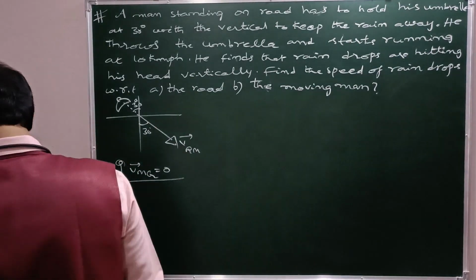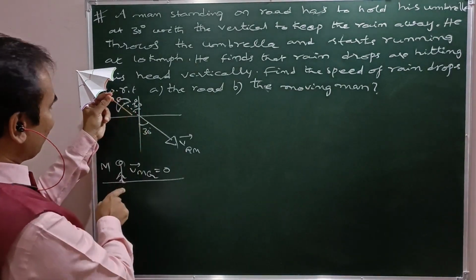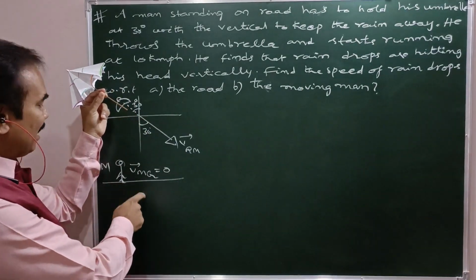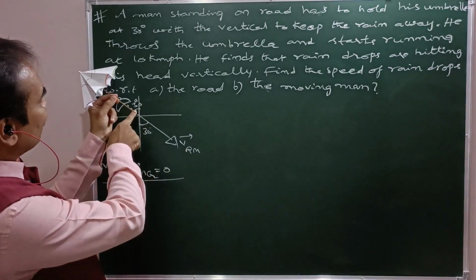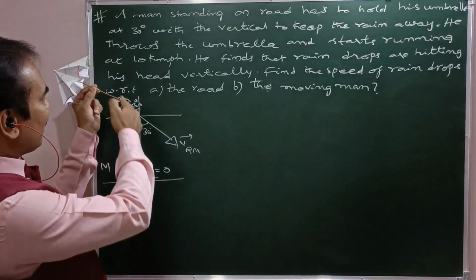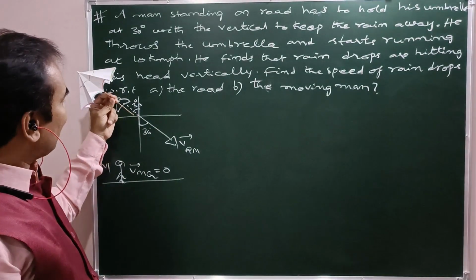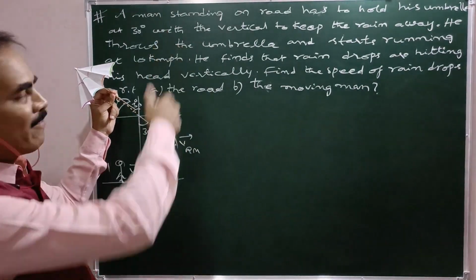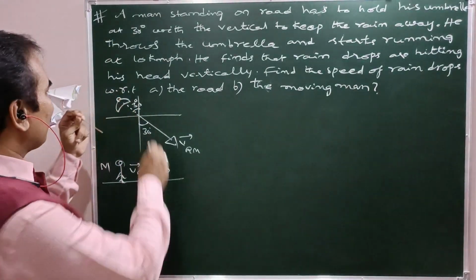Even though he is stationary, standing without moving, he has to hold his umbrella at 30 with vertical. Why? Because with respect to himself, rain appears as it falls along this way. So this is the right position of the umbrella as per the given data, such that it makes an angle 30 with vertical.